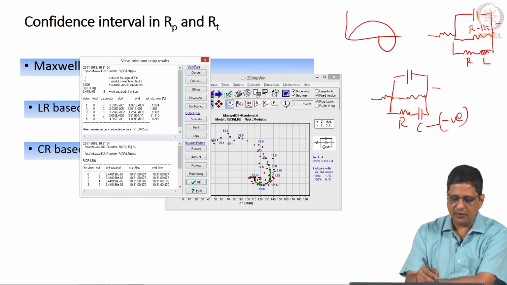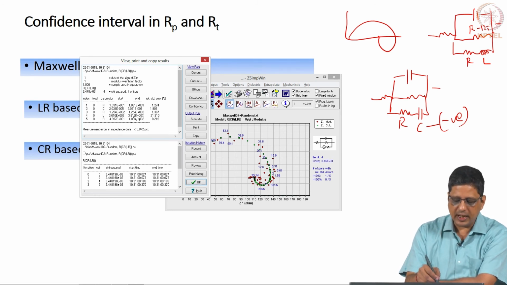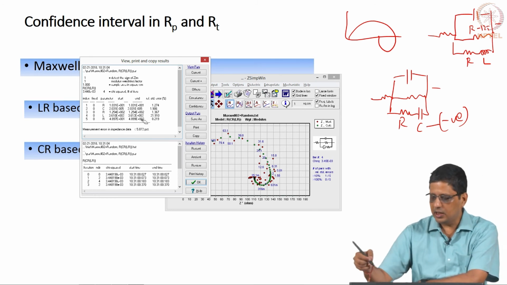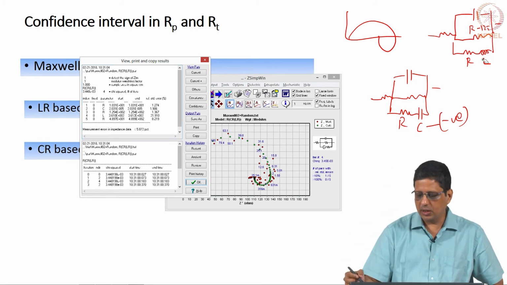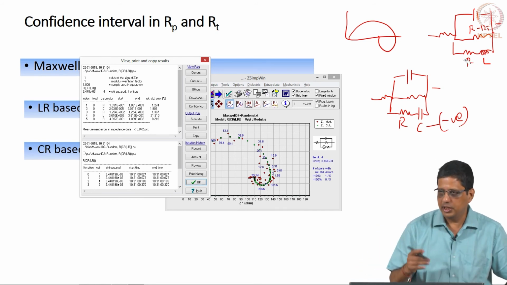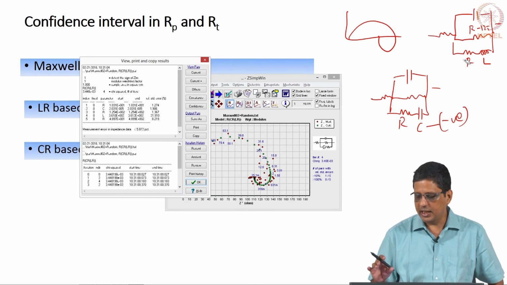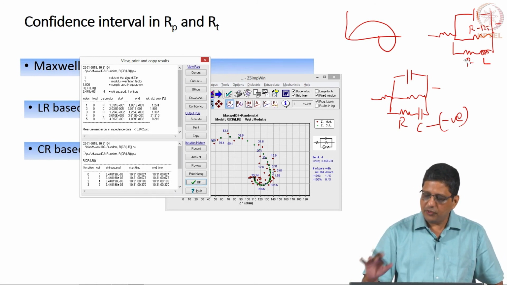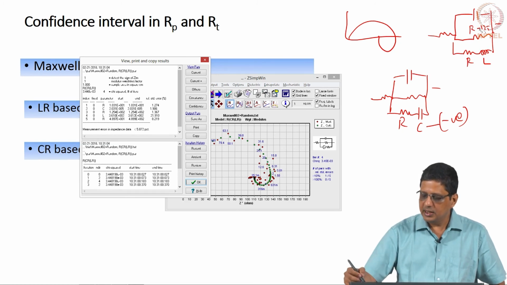It has come up with a value of 361 Henry, and resistance is about 490 ohms. We are not very confident, 8%, 9%, 20%, in that range we have the relative standard error. So I am confident about RT, I am not confident about RP.